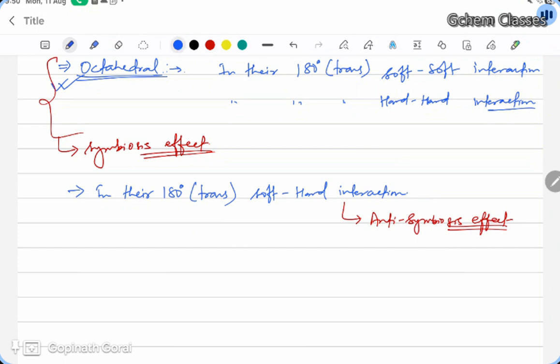That is applicable only for octahedral complexes. If you see the square planar complexes, it will be the reverse, just the reverse of whatever you find in octahedral.